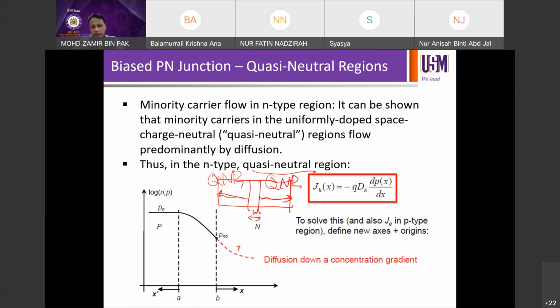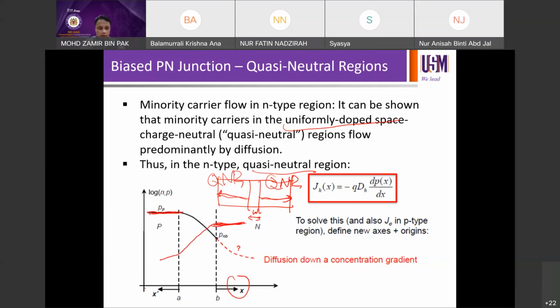So we assume that this region is uniformly doped. That's why you're going to get your profile like that, because it's uniformly doped, and the same is applicable for the other side as well. We assume this to be uniformly doped, beyond the depletion region. To solve this, and also the current density in the p-type, we need to define a new axis.